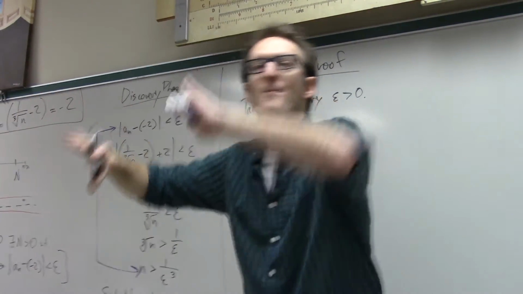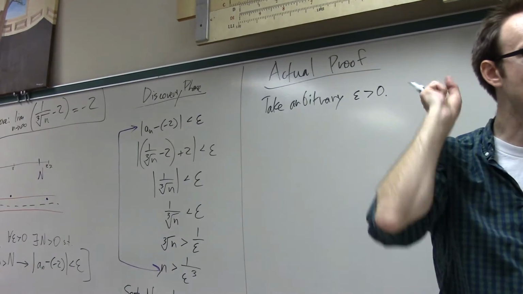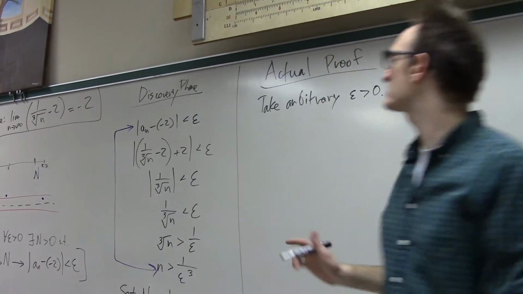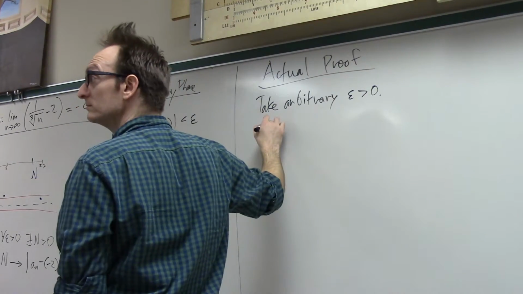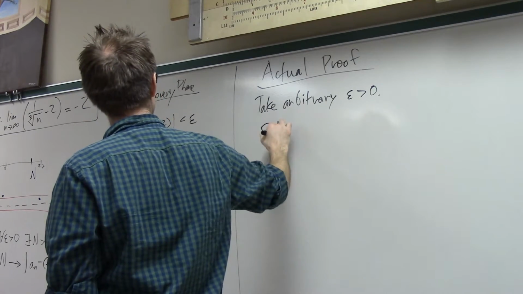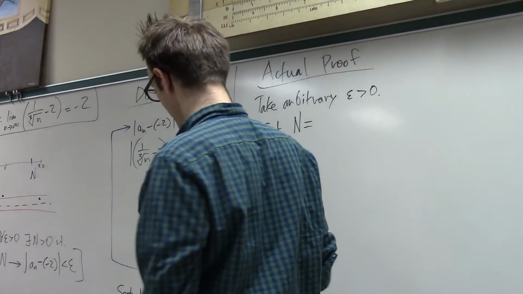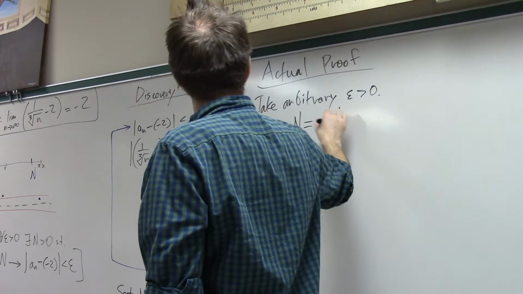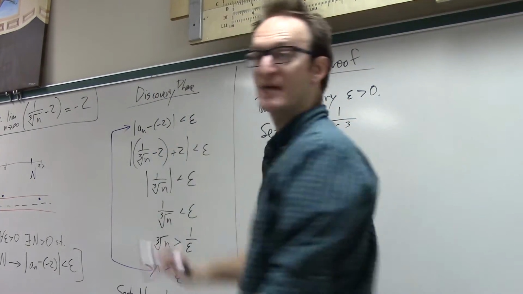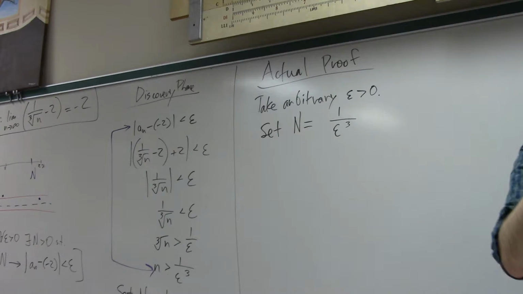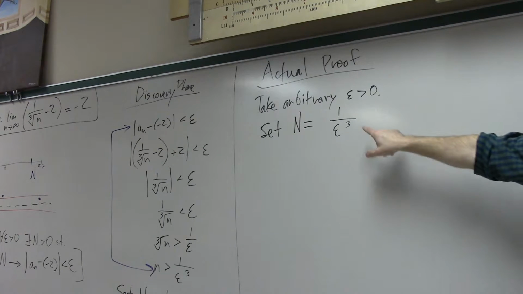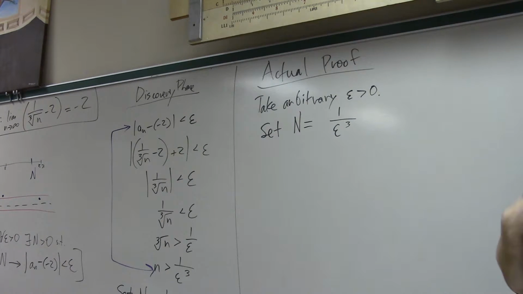In other words, I'm going to imagine that someone in the audience is shouting out epsilon. And what is my response to that person? Boo. Boo, and then set n to be 1 over epsilon cubed. Yup. So whatever tiny number you give me, I'm going to cube it, which makes it even tinier, and then reciprocate it. And that is how far out I'm going to tell you to go.